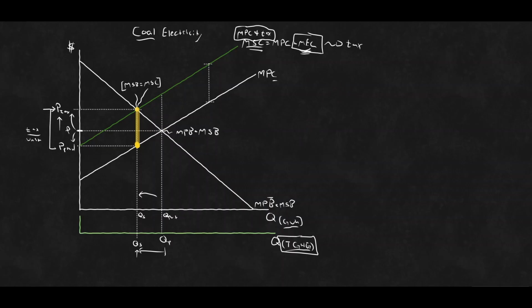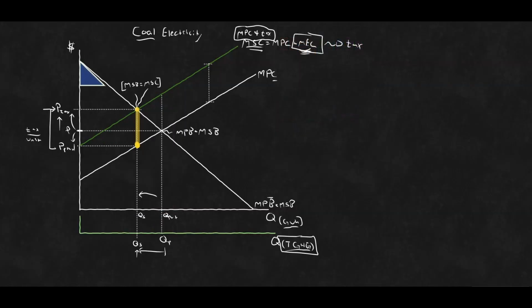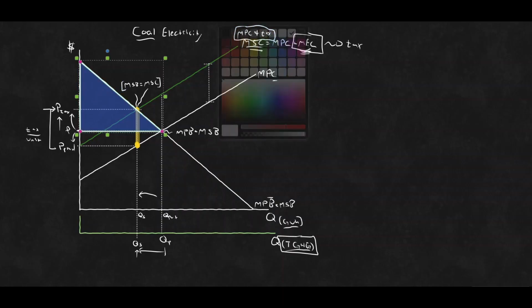To take a look, what we have initially at our competitive equilibrium. Well, at our competitive equilibrium, let's use our tools here. Consumers were getting below their willingness to pay all the way up to the price they had to pay. So that blue triangle worked out to be our consumer surplus. Great, that's what they're getting. Let's get rid of the border.